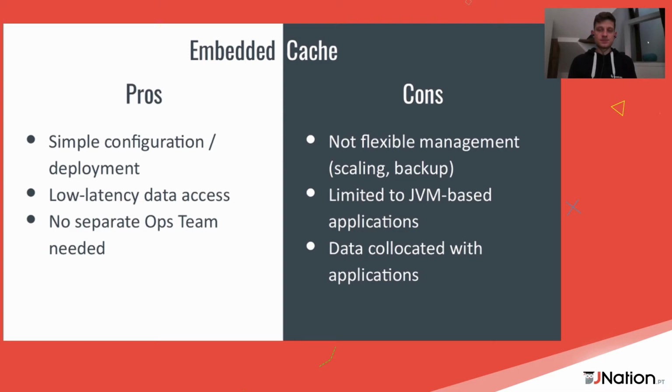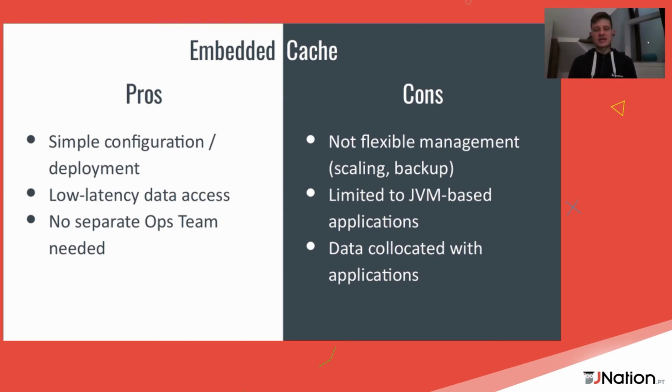However, from the downsides, if you have such microservices, the cache management is not so flexible, because it scales up and down together with your application. Also, it's limited to JVM-based applications. Actually, it's limited to the programming language of your service.